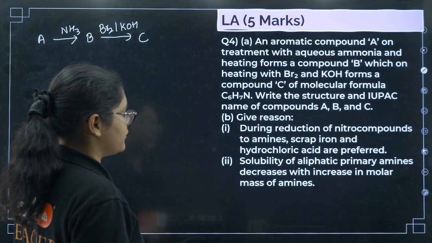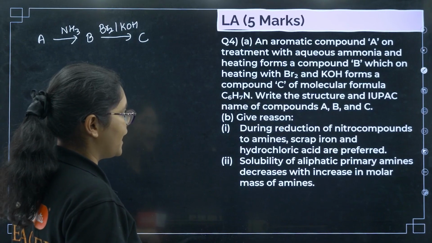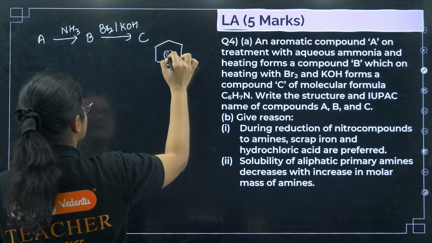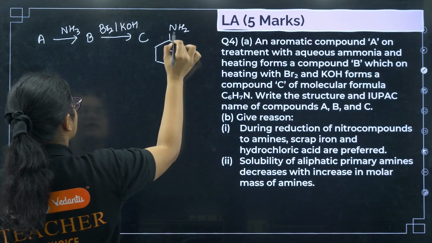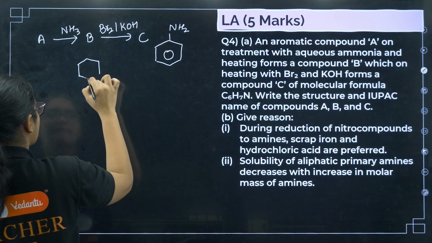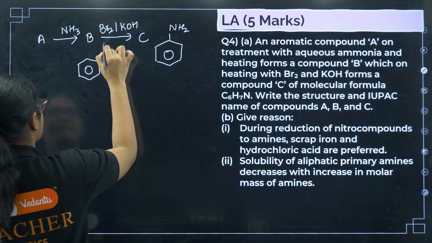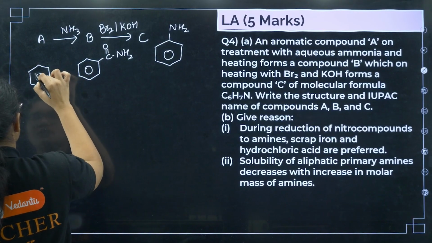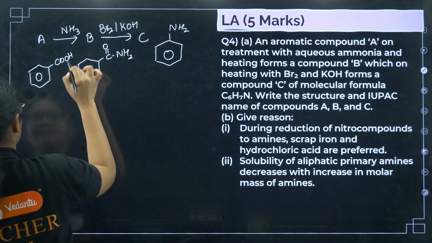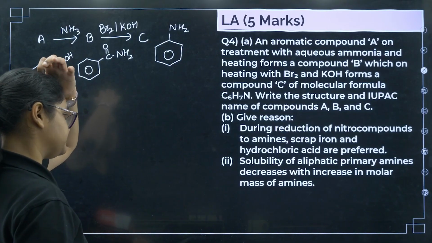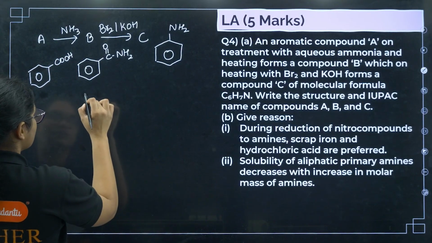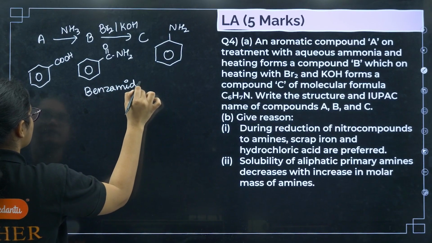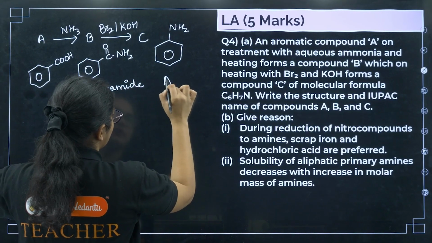Write the structure and the IUPAC name of the compounds A, B and C. So if you see here, C6H5, this is nothing but NH2. If this is NH2, then this must be CONH2. If this is CONH2, then this must be your benzoic acid. Okay, so A is benzoic acid, right? Then B is your benzamide. Benzoic acid, benzamide, and this one is your aniline.